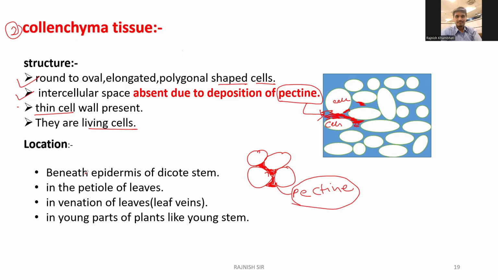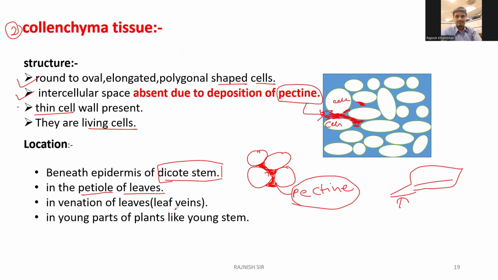Their location is beneath the epidermis of the dicot stem, then in the petiole of the leaf. Petiole means the stalk-like structure holding the leaf.